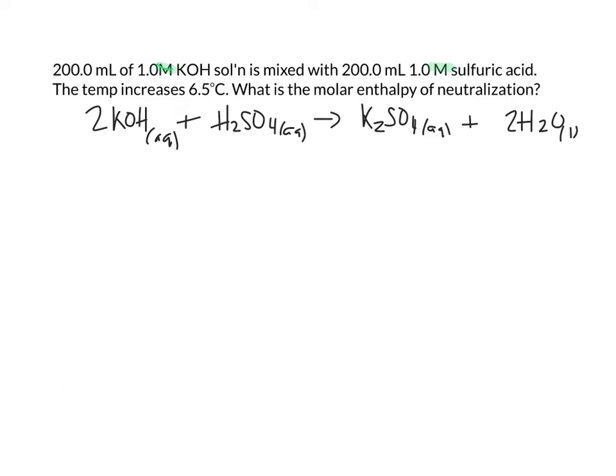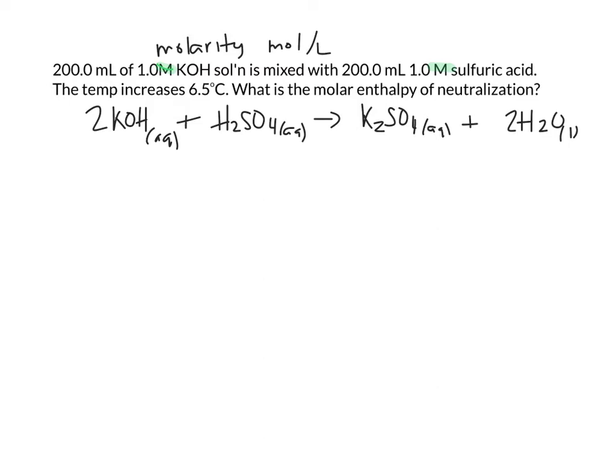But molar means, if you get a number and then a molar for a solution, it means its molarity. And that is the same thing as our units of concentration of moles per liter. So 1 molar solution has 1 mole per liter. 2 molar solution, 2 moles per liter.